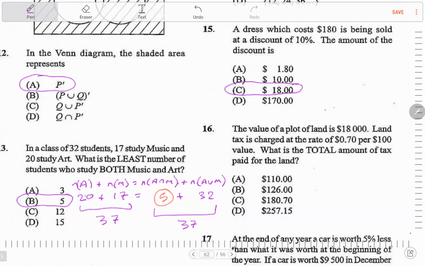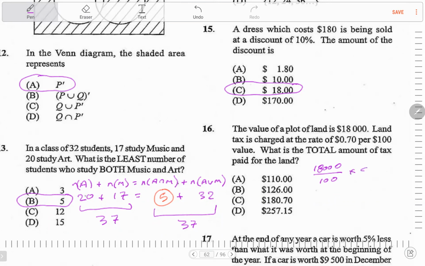All right, we want to know how many $100 are in the 18,000. So it's 18,000 divided by 100. That tells you the number of $100 in it. And for each one, it is 70 cents. For each of the $100, you're paying 70 cents.